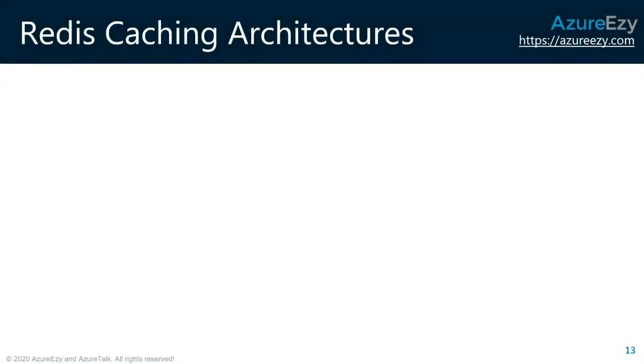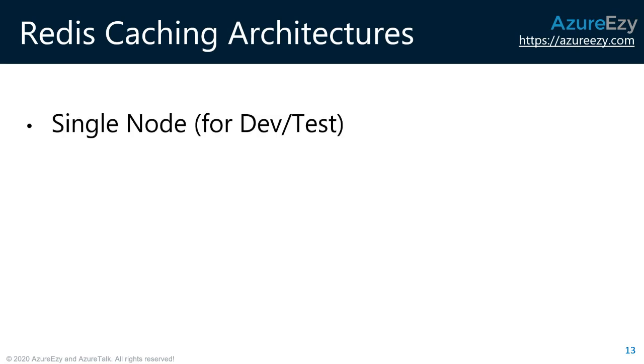Now we have discussed what Redis cache is and what the benefits are. What is the architecture, like how does Redis cache distribute the data to the cache? To distribute the data to the cache, it has three architecture options. One is a single node. The single node is good for development and testing purposes.